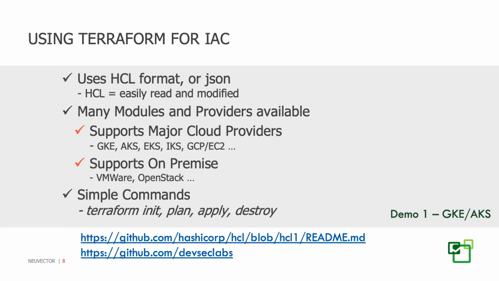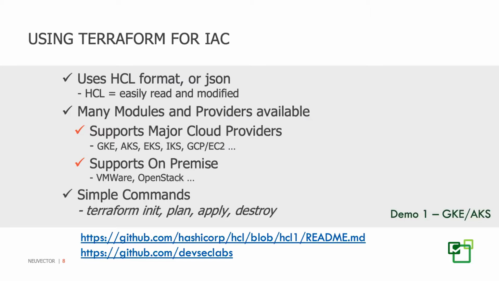So on to Terraform from HashiCorp. As I mentioned, Terraform uses a language called HCL. And the real value of that is it puts these declarations in an easily read and modified, human readable format for how many nodes I want and what my VPC configurations are and what my security groups are.